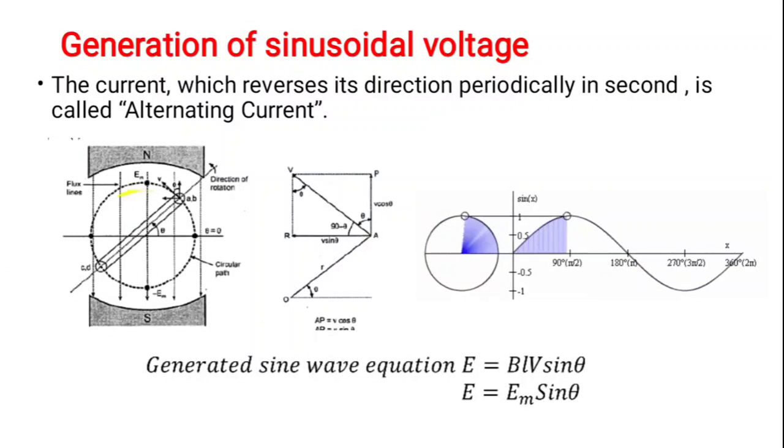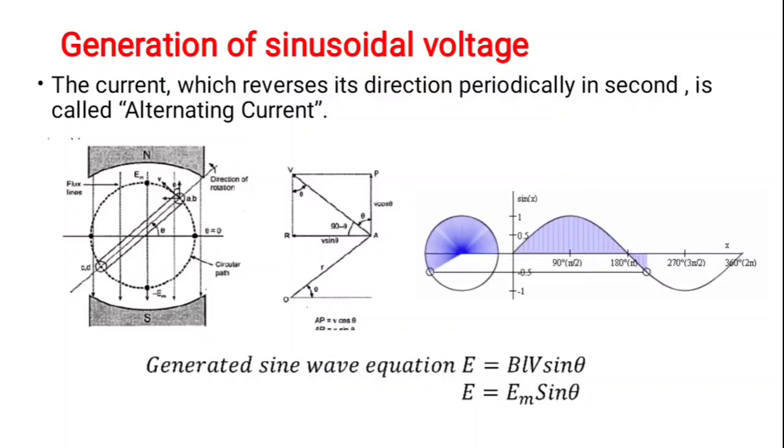Again, when the conductor starts rotating from position number 2 to position number 3, when it reaches theta equal to pi, at that point the conductor position and the lines of flux are parallel to each other. So there is no cutting of flux, there is no EMF, so EMF will be 0. The first half cycle is completed now.